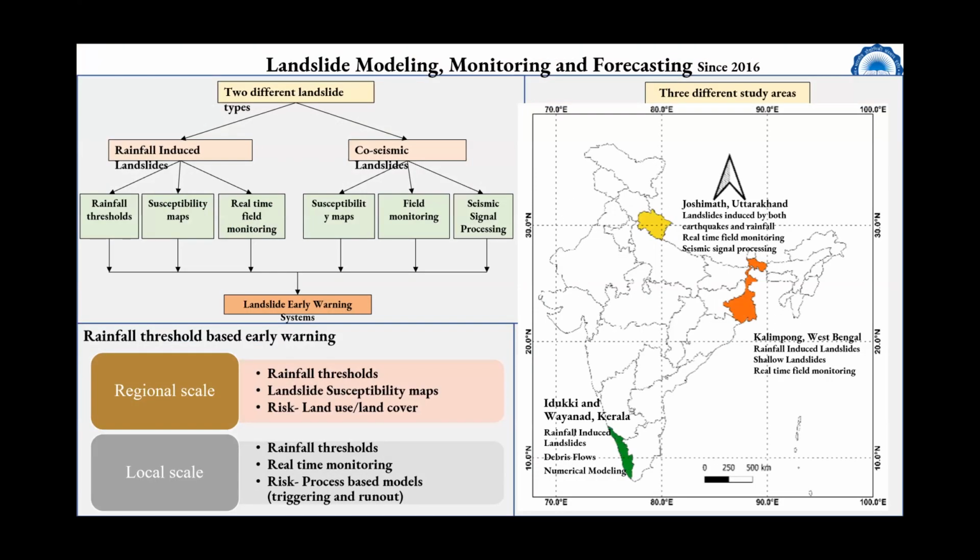This is an overview of my work on landslides. Especially I'm working on landslide forecasting, susceptibility, and also monitoring. For an area like ours, around 15% of Indian landmass is highly vulnerable to landslides, and there are multiple causative factors in addition to natural ones like rainfall and earthquake, such as anthropogenic factors and urban development.